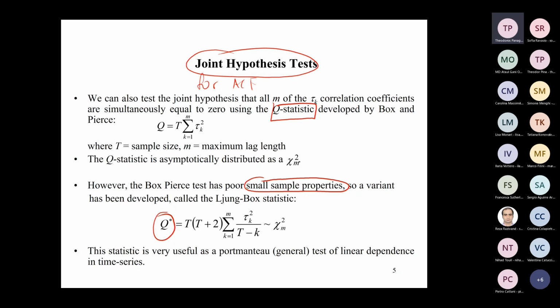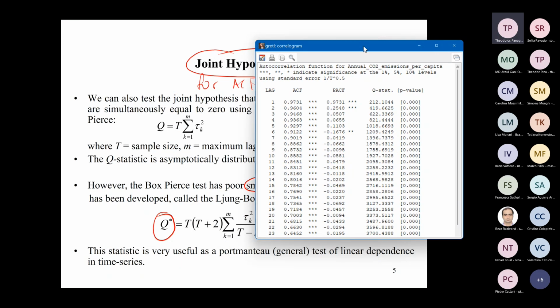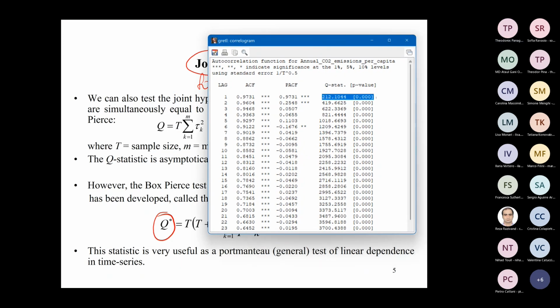The Q star in Gretl is given here, and you get the p-value of the Q star next to it.